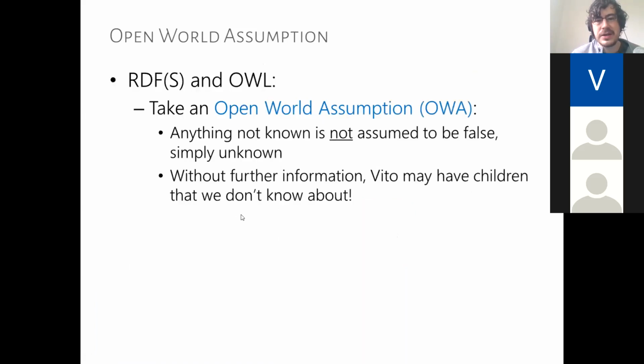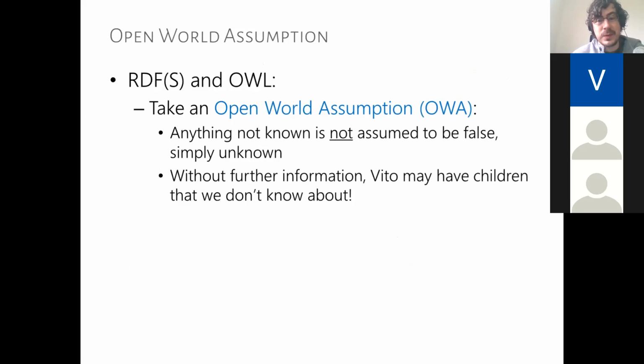So in other logics and other settings, sometimes the closed world assumption is applied, where if we do not know something or we cannot prove it, then we assume it to be false because we assume our data to be complete. So if we have a data set about Nobel Prize winners, for example, and we ask, is Justin Bieber a Nobel Prize winner?